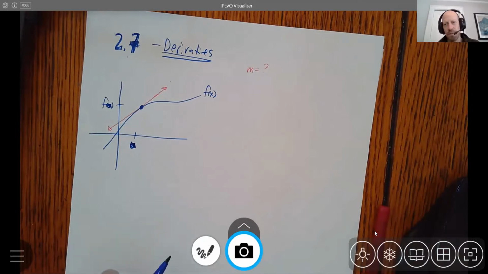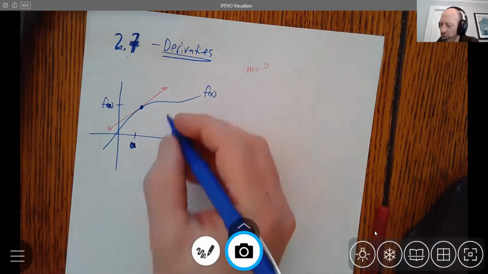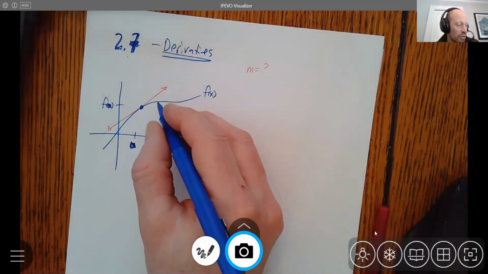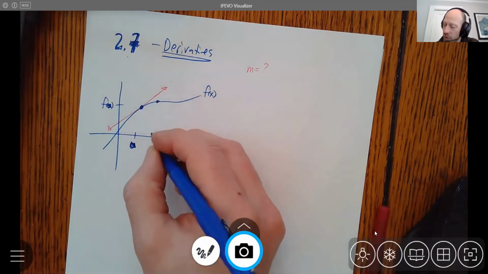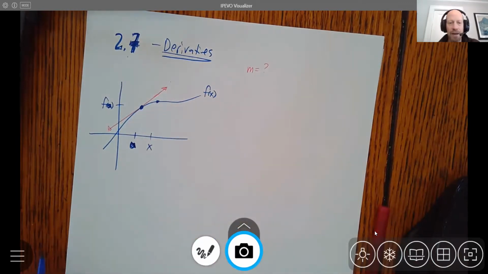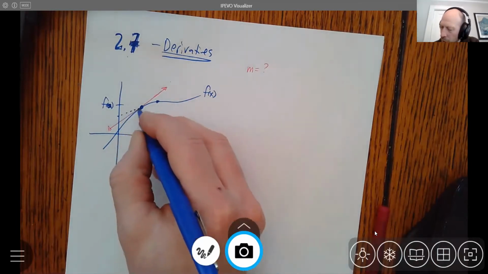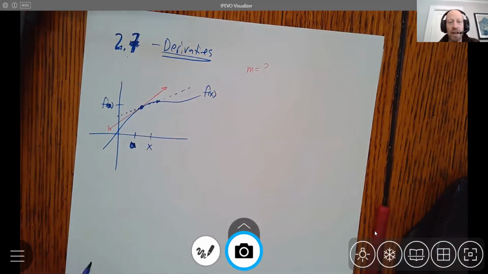The sort of preview that I gave you is that one way to think about what the slope is, we're going to pick another value over here. We're going to call that value x. Okay? And we're going to think about how we find the slope of this dashed blue line, which goes through those two points. This is not a tangent line. This blue line is called a secant line because it hits the curve twice.